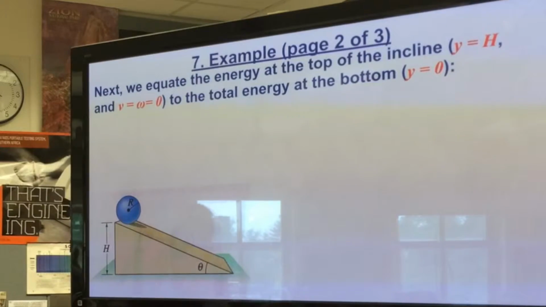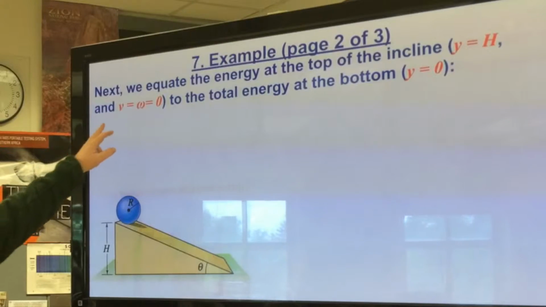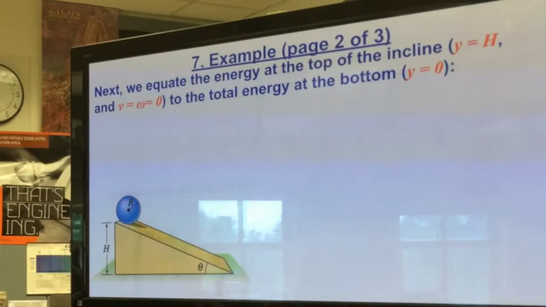So now we can equate the energy at the top of the incline, where the height is h, and v and omega are both 0, to the total energy at the bottom, where y equals 0.